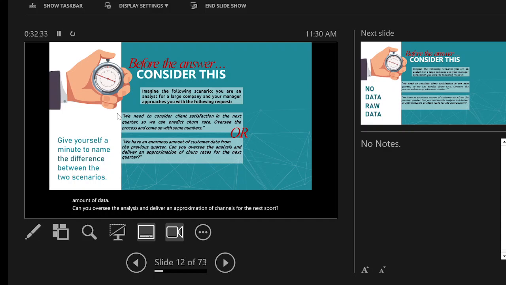The first one, they were saying, we need to consider client satisfaction in the quarter so we can predict churn rate, oversee the process and come up with some numbers. But this they are saying, we have an enormous amount of customer data from the previous quarter.